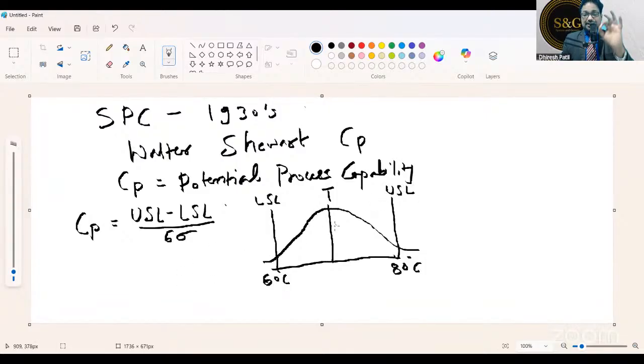And the standard deviation sigma for this process is, let's say, 5. Not 5, let's consider 2 for the example. Let's consider sigma as 2. Now, can you calculate the Cp value for this? Upper is 80, lower is 60, sigma standard deviation is 2.